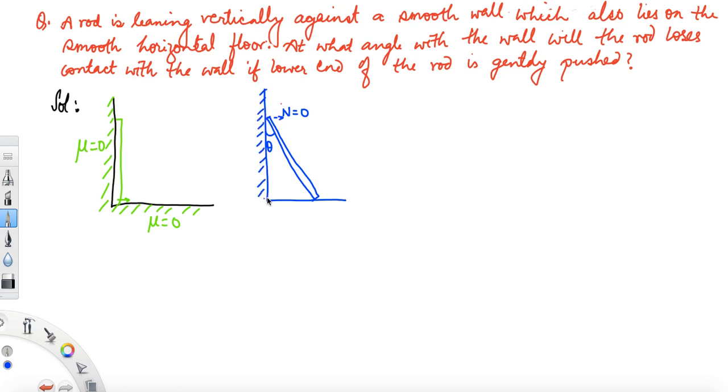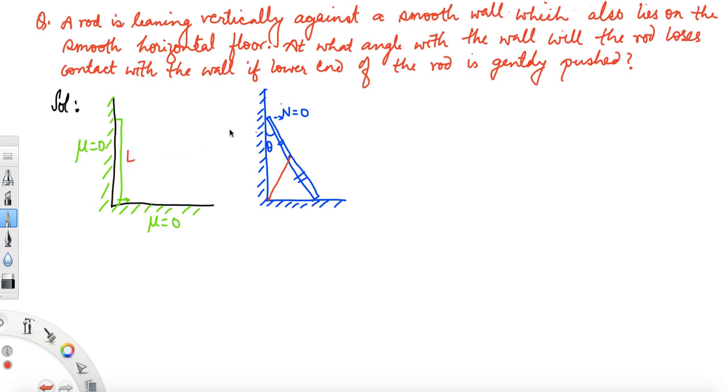First of all, in order to solve this problem, the first step is to look at the trajectory followed by the center of mass of the rod. So we can straightforward see that the center of mass's trajectory is going to be circular. How? Because this is the midpoint, and also if you look at this distance, this distance is also going to be the same, that is L over 2.